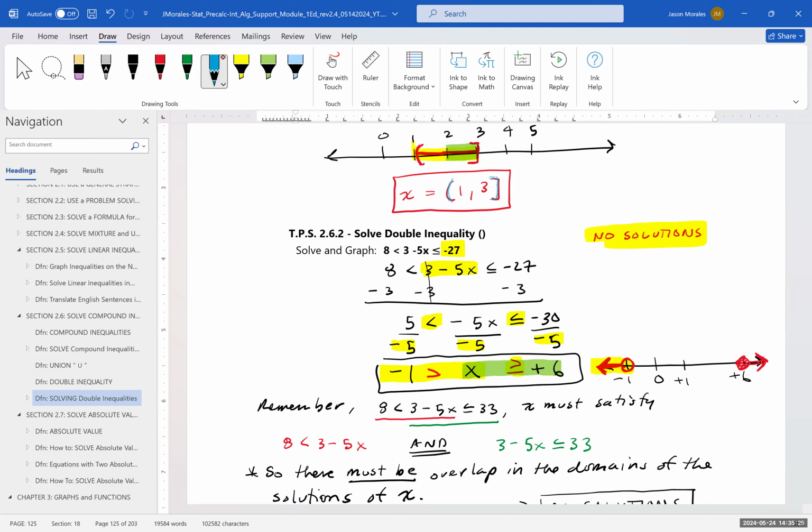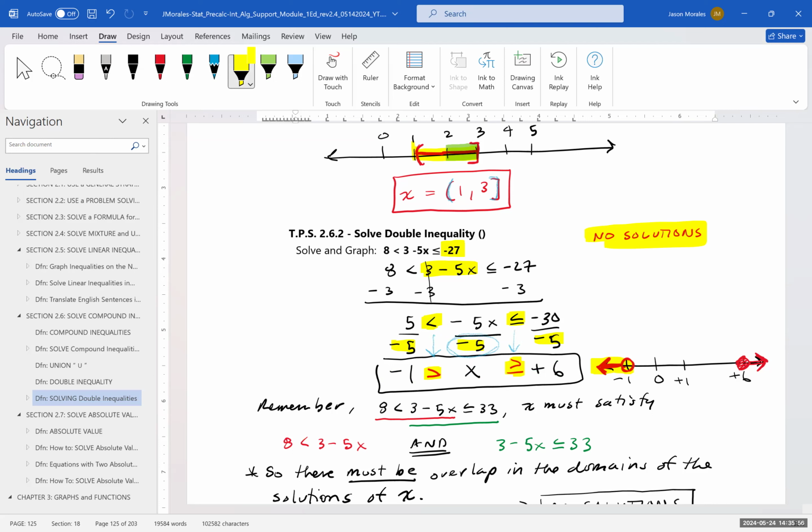Now, did you remember that when you divide or multiply by a negative, you have to reverse the signs of the inequalities? Maybe you forgot to do that and didn't get no solutions for your answer. After you divide all sides by negative 5, we get negative 1 on the left and positive 6 on the right.